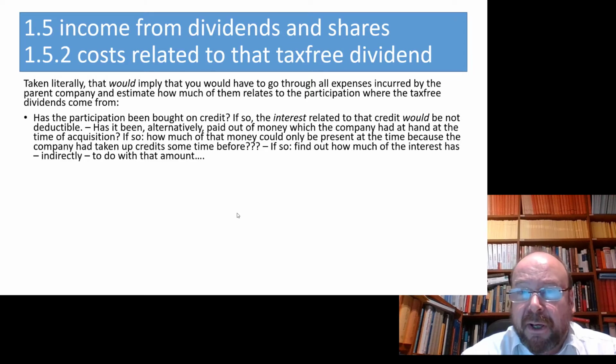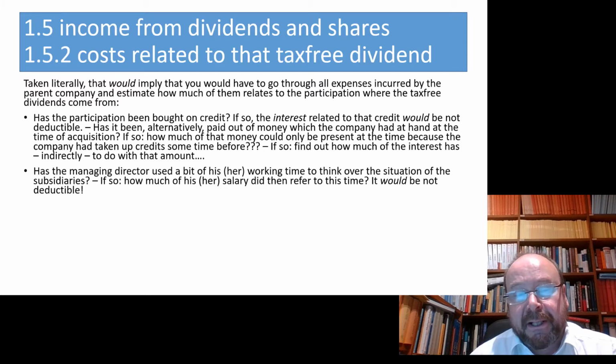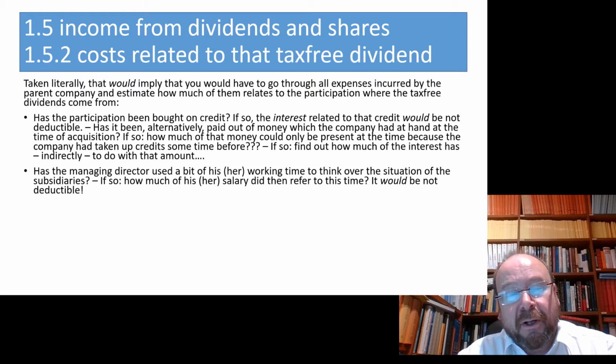If so, which part of that credit then referred to the 4 million which you then used to buy the participation, because then indirectly a part of your already existing credits had now been reused for financing the participation. And then it would be difficult to find out which part of the interest relates now to the shares and which not. You can even complicate things more.